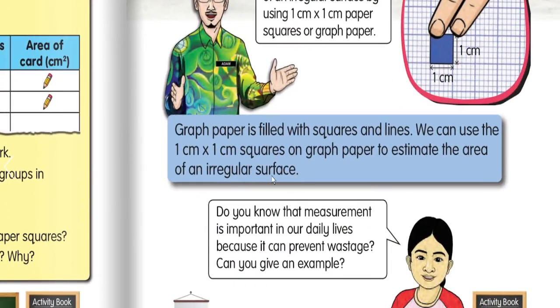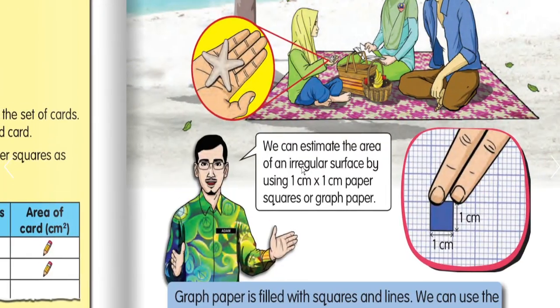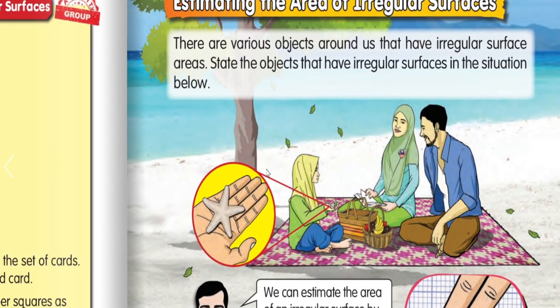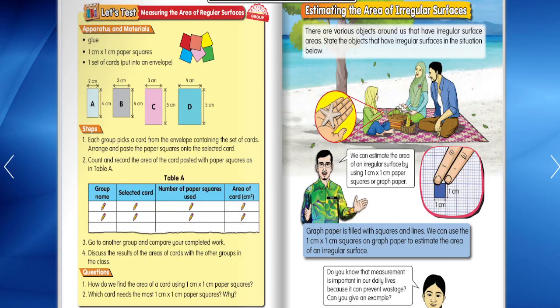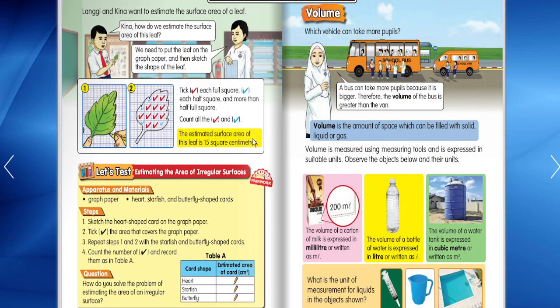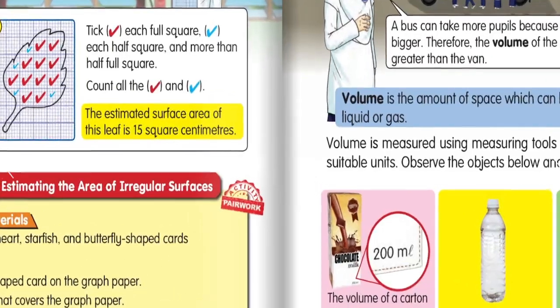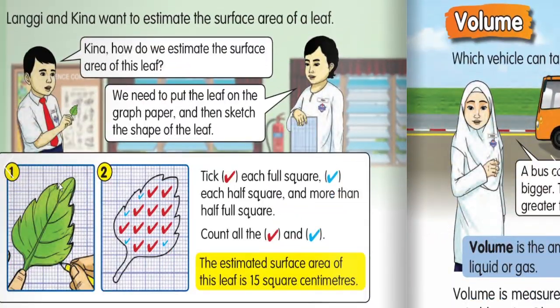So basically, with different units, we can estimate the area of irregular figures. For example, if you see this leaf, we want to estimate its surface area.